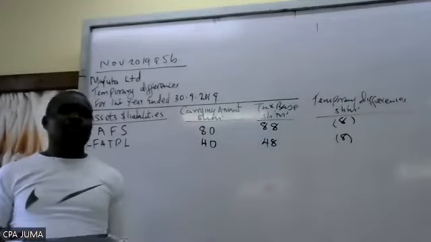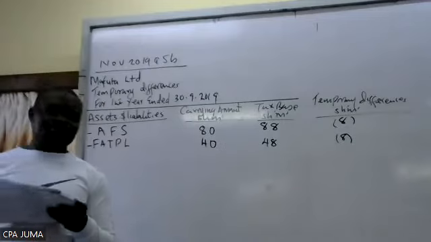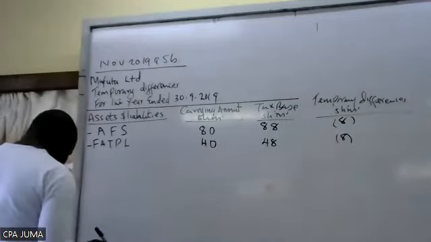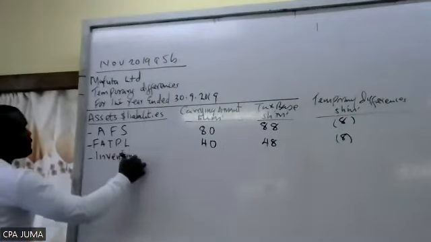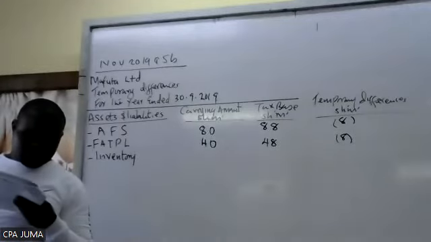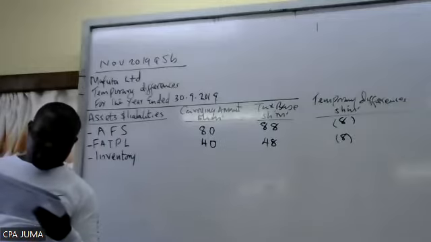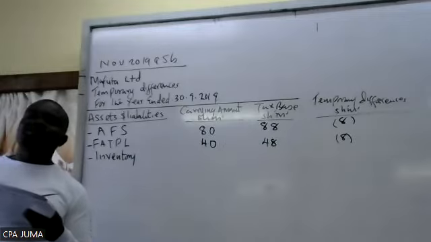Let's go to number 2. Inventory. So thinking begins after you have written inventory. Inventory is shown at the lower of cost and net realizable value. The cost is 32, while net realizable value is 31.20.